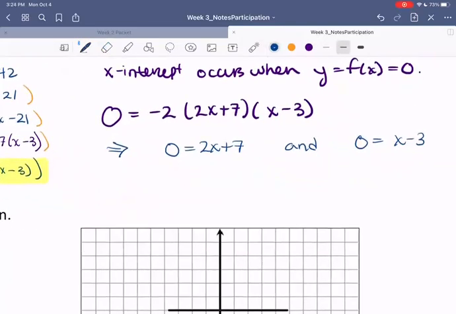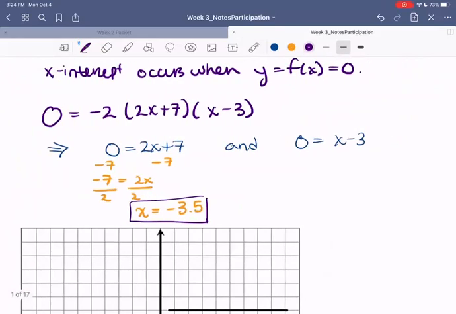So here, 0 equals 2x plus 7. So to solve for x, I'm going to subtract 7 from both sides. We get -7 equals 2x. And I'm going to divide both sides by 2. So I get x is equal to -3.5. For my second solution here, I'm going to solve for x like I just did in my previous expression.